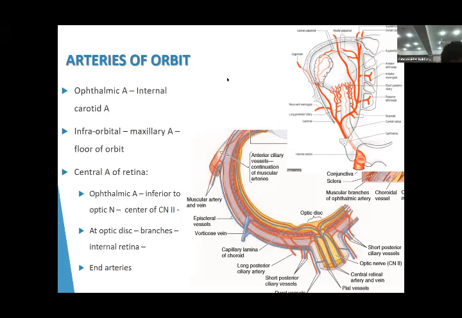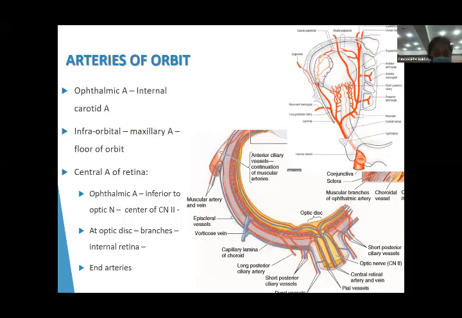Beta, the ciliary ganglion, I just told you, is a parasympathetic ganglion. I told you in the beginning that in the head and neck we have 4 parasympathetic ganglia. The otic ganglion for the supply of the parotid gland, which we have done. The pterygopalatine ganglion.